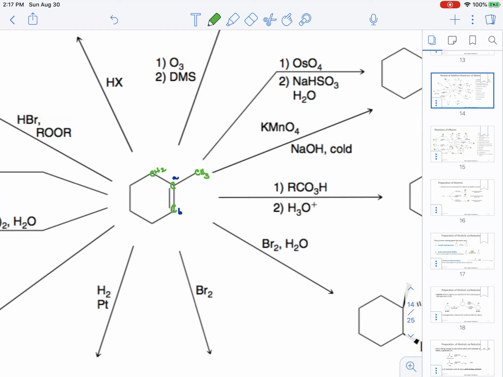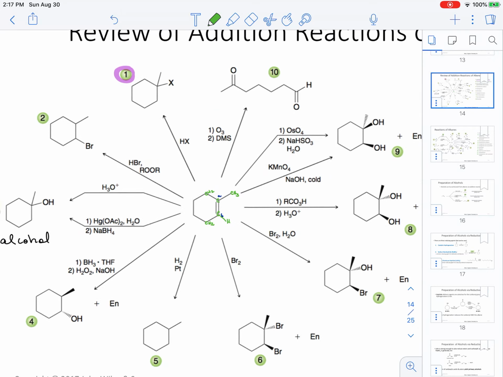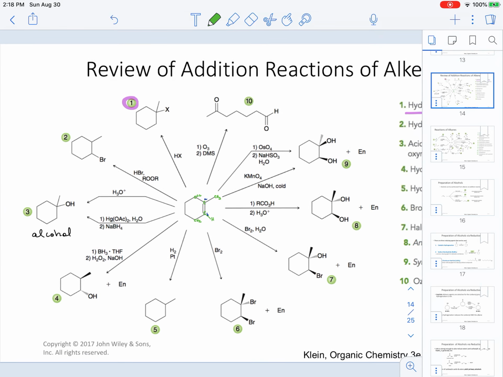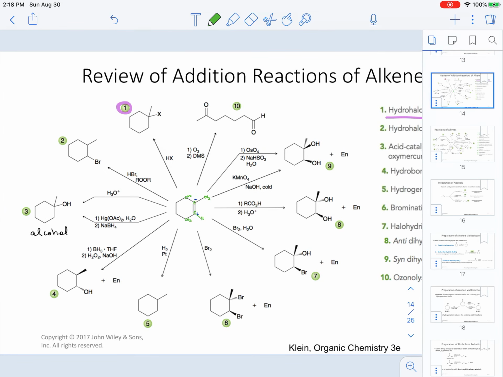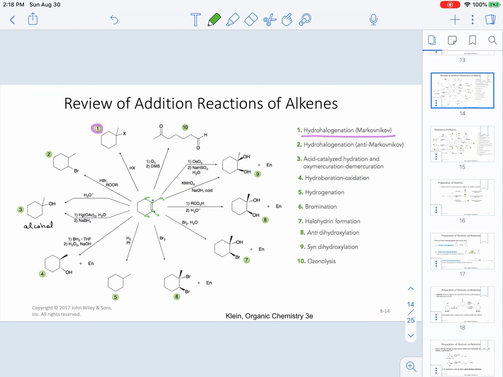Carbon B is bonded specifically to a hydrogen and then the carbon atom inside the ring, which is a CH2. The reason I would like to illustrate the difference in the substitution of that central atom is because in some of the reactivities that we're going to be exploring, it matters where the incoming groups are going to be placed.